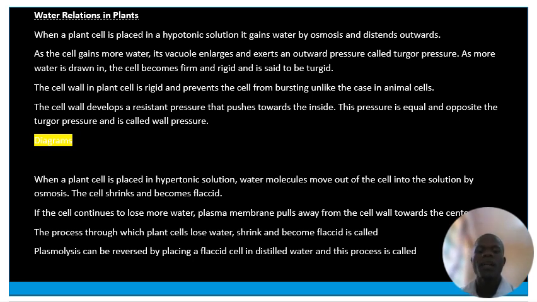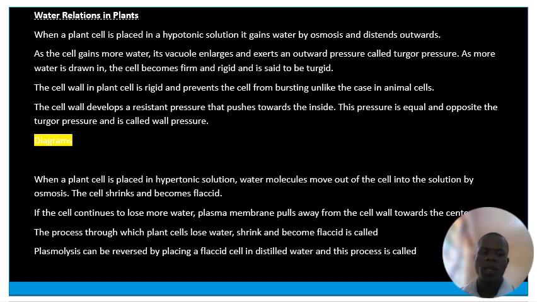The cell will gain water by osmosis and finally distend outwards. Now, when talking about animal cells placed in this kind of solution, when you take an animal cell and place it in a hypotonic solution, it will gain water by osmosis. After gaining water by osmosis, it will burst.